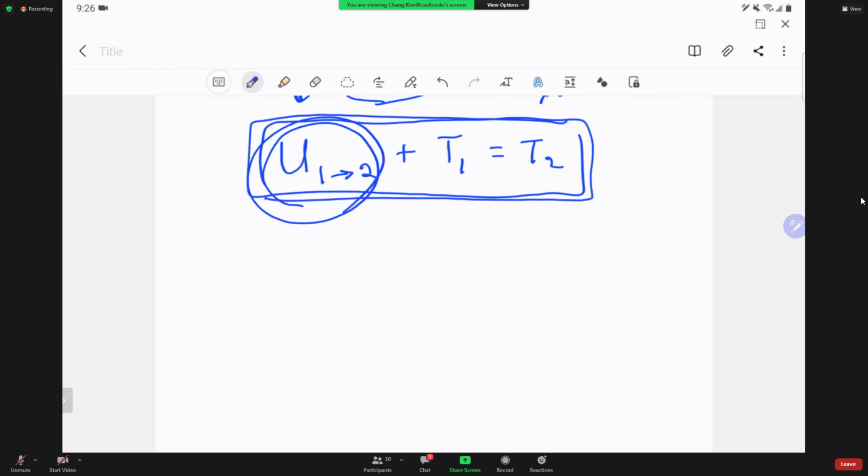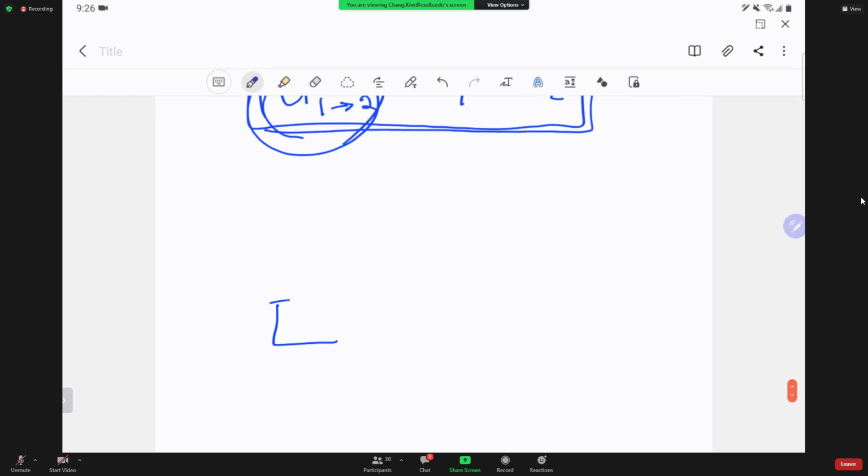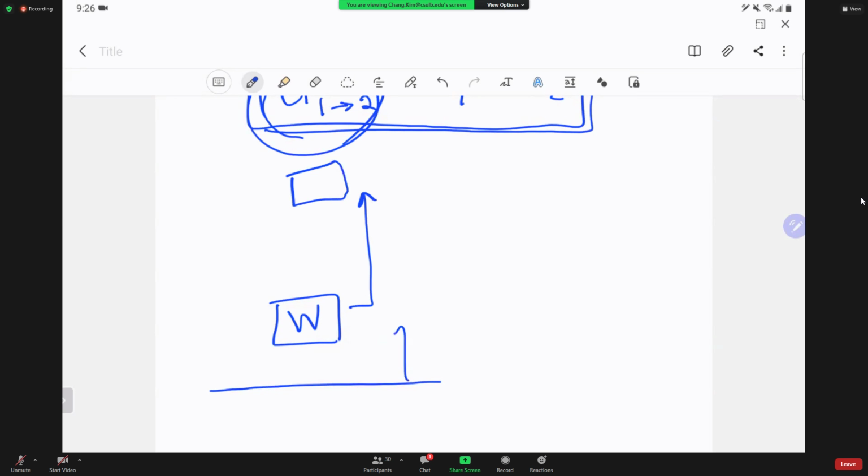Now we're going to further investigate U going from 1 to 2, the work done by the external force. Here is the weight. I'm going to move this one from here to here, so this would be my position, let's say y1, and that's going to be my position y2. The difference here is y2 minus y1.